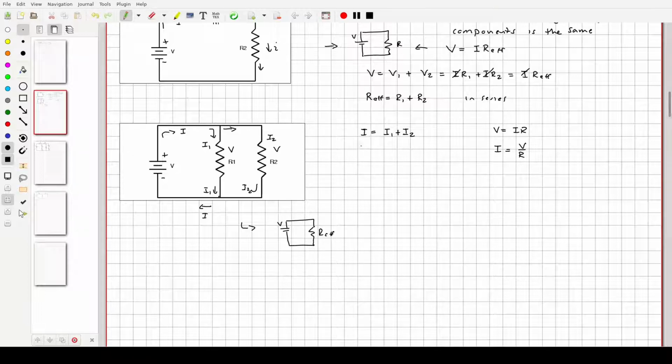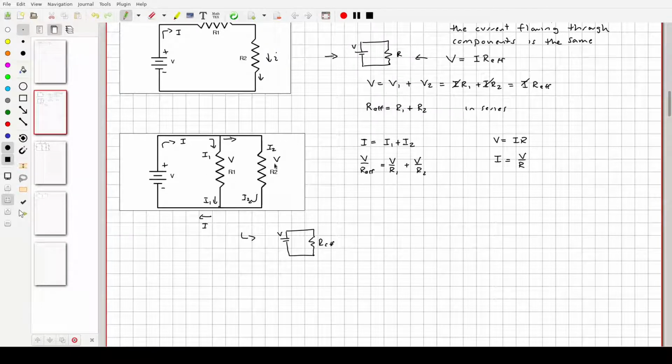So that would be the source voltage over R effective. And on the right hand side, I1 is going to be V over R1, and I2 is going to be V over R2. And again, in a parallel circuit, the voltages are the same, so they cancel.